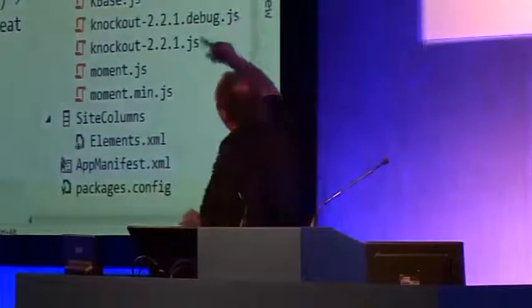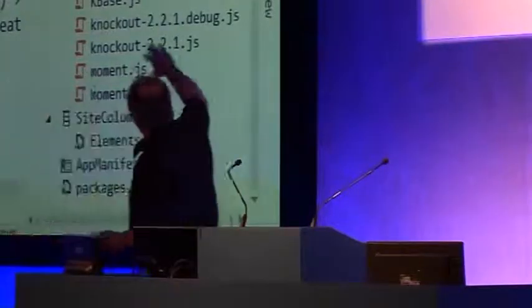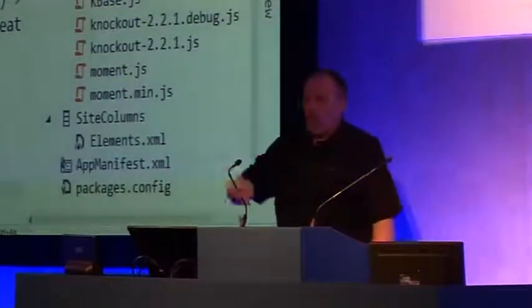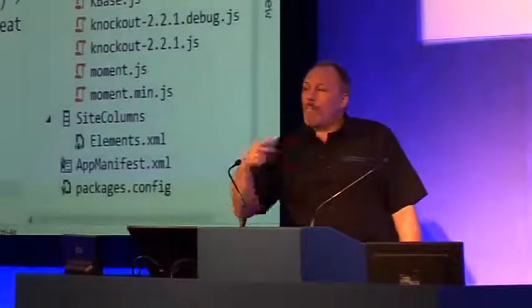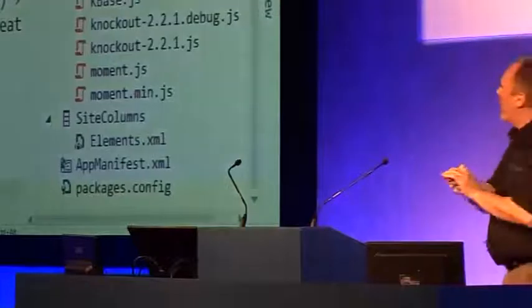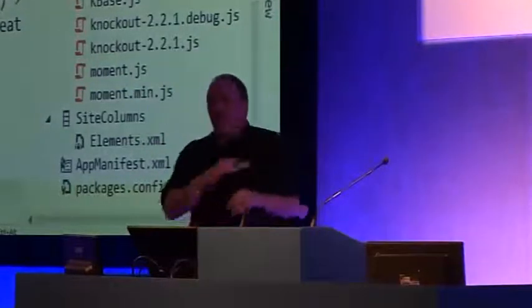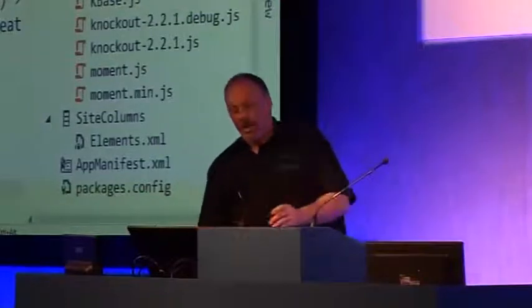Elements.xml comes with it, that's the typical deploying a module. jQuery came with it. When you create a new SharePoint hosted application, Visual Studio is going to inject the jQuery library for you automatically. Kbase is mine, and then at the bottom are 2 libraries that I added.